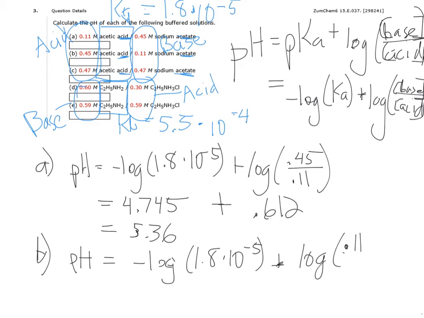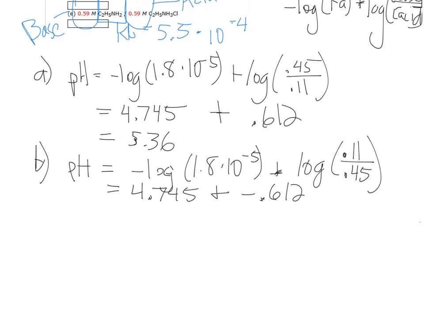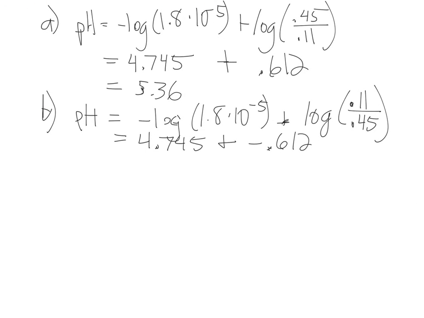So it's the inverse of what you had in part A. And this time it's negative 0.162. And that works out to be 3.863.